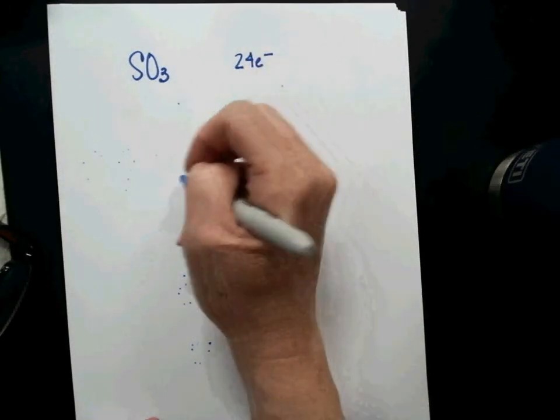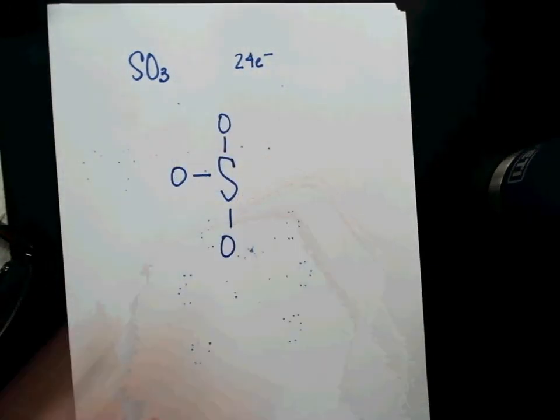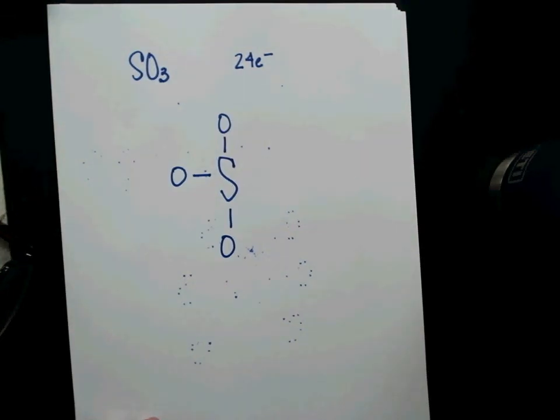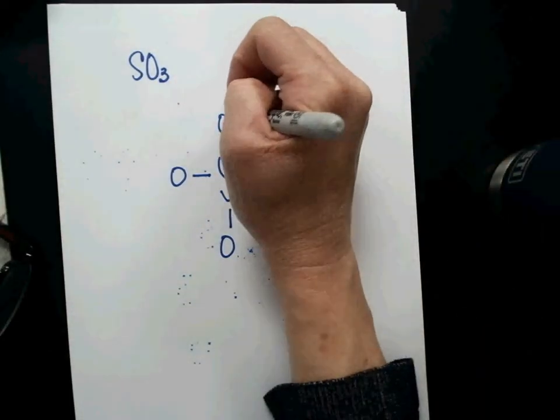And then I'm going to single bond in my oxygens. The next thing I would do would be to go ahead and make an octet around each of my oxygens.